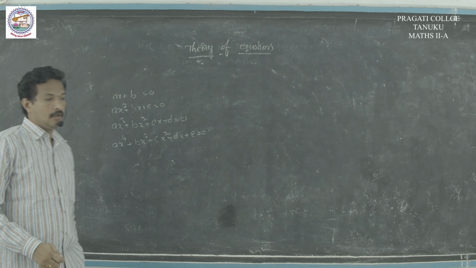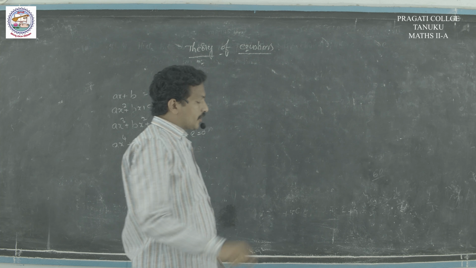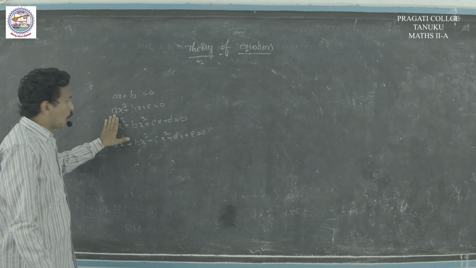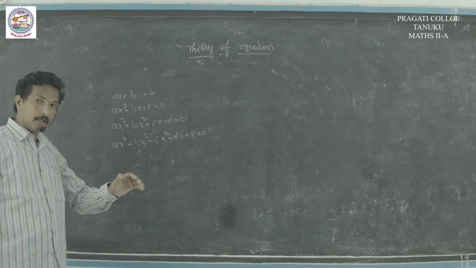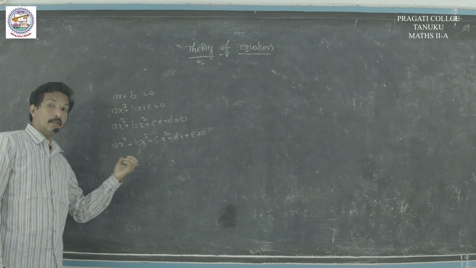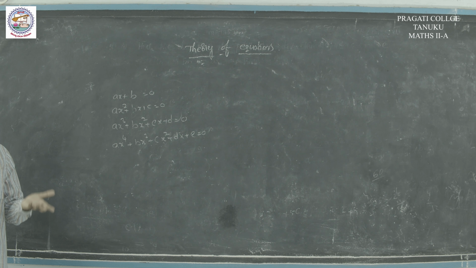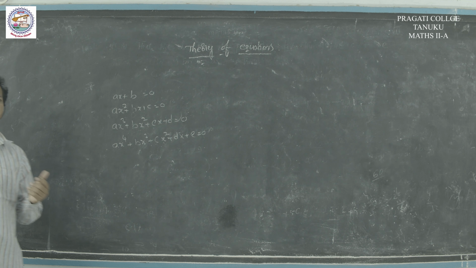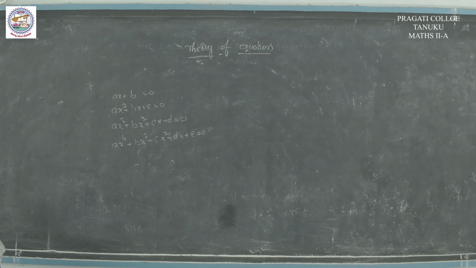In the previous chapter we learned how to solve the quadratic equation. In this chapter, how to solve cubic, fourth degree, fifth degree and sixth degree equations. There are different types.